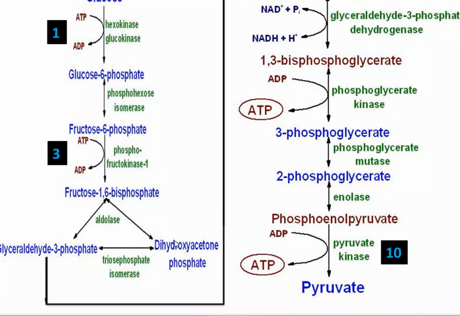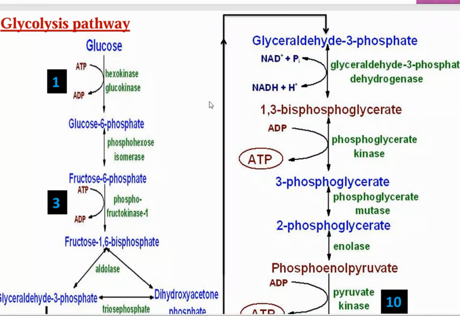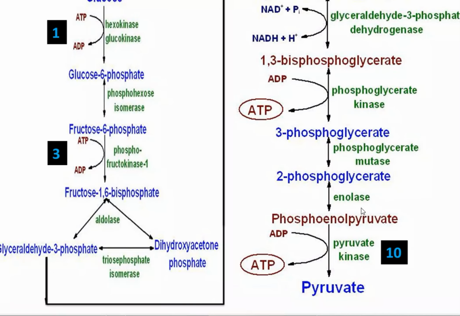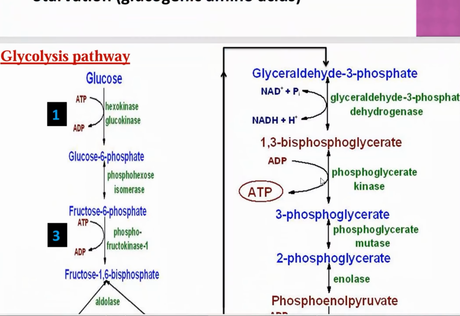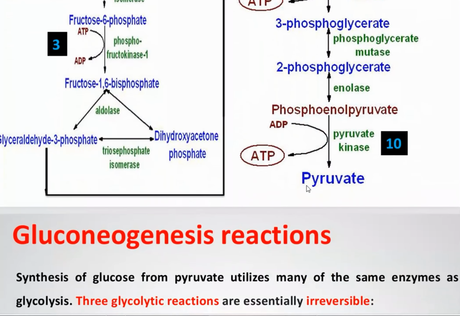Now this glyceraldehyde 3-phosphate converts to form 1,3-bisphosphoglyceric acid, then 3-phosphoglycerate, then 2-phosphoglycerate, and phosphoenol pyruvate forms. Now with the help of the pyruvate kinase enzyme, phosphoenol pyruvate is converted to pyruvate, forming ATP from ADP. This is the whole summary of the glycolytic pathway.